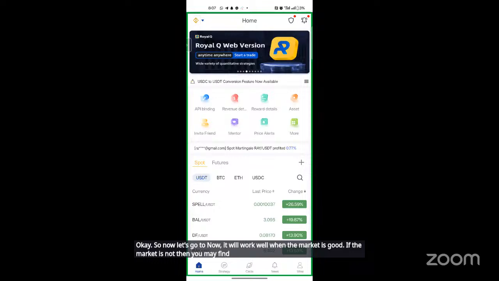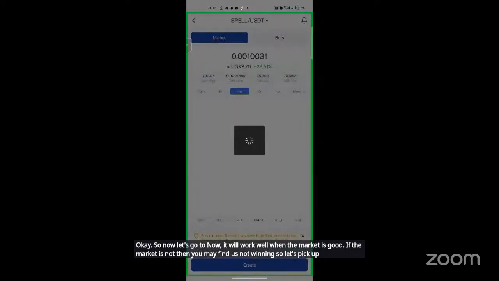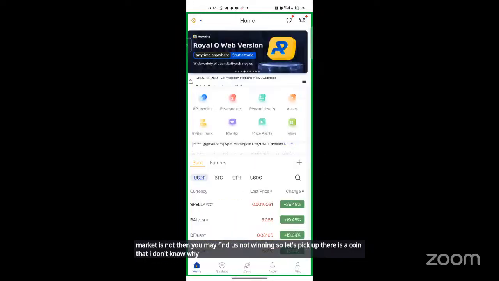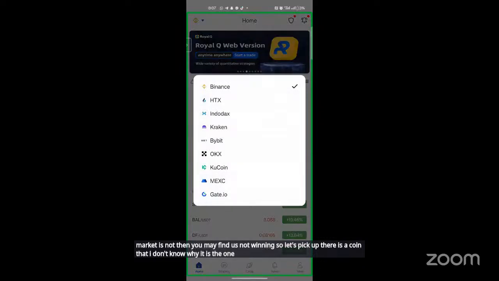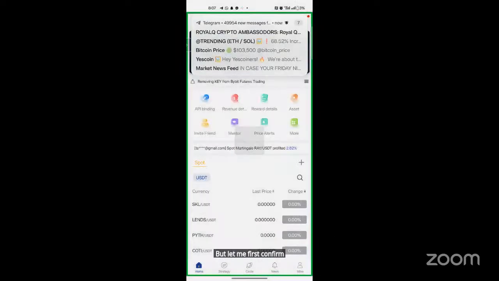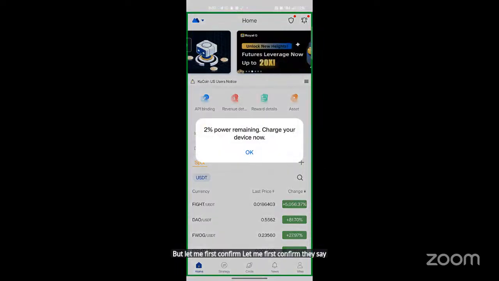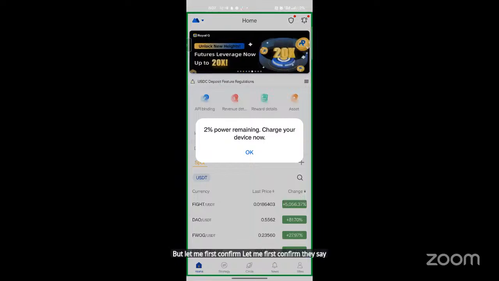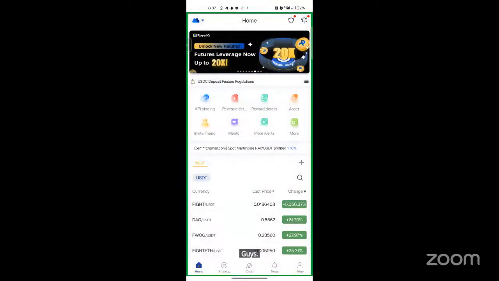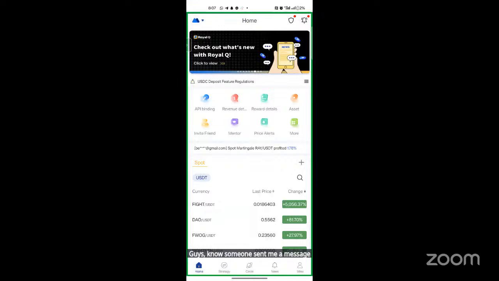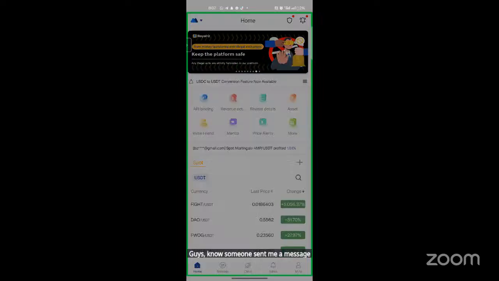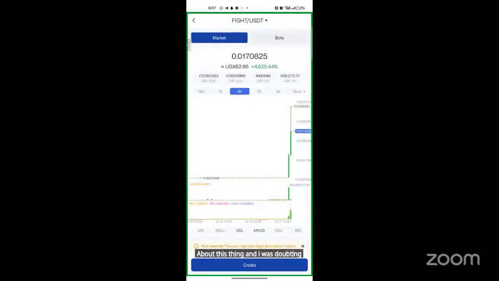So let's pick up. There is a coin that I don't know whether it is the one, but let me first confirm. They say, guys, someone sent me a message about this thing, and I was doubting, but it is just a new coin.